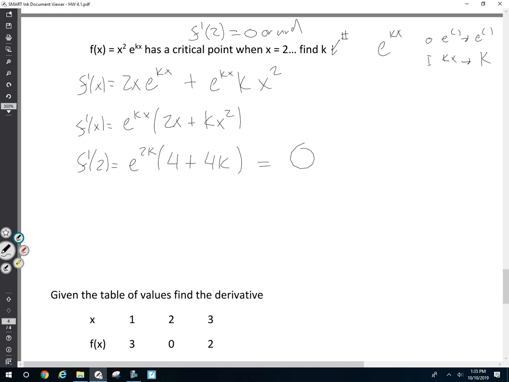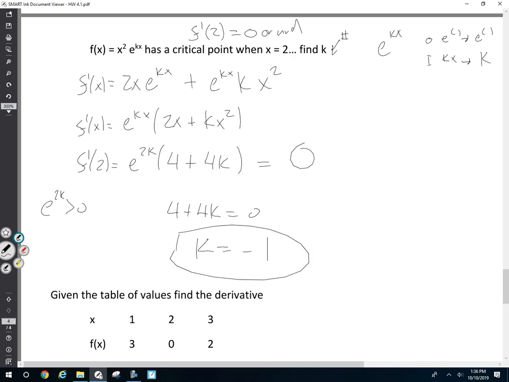This has to equal 0. e to the 2k will always be positive. Ignore it. All I need is to figure out when 4 plus 4k equals 0. That is when k is negative 1. I just solved the problem.